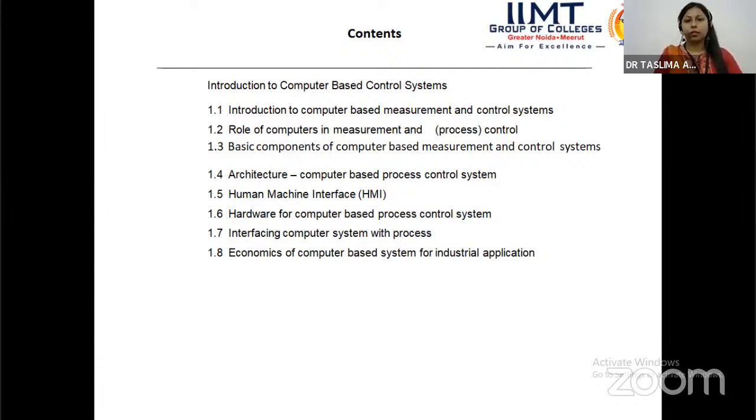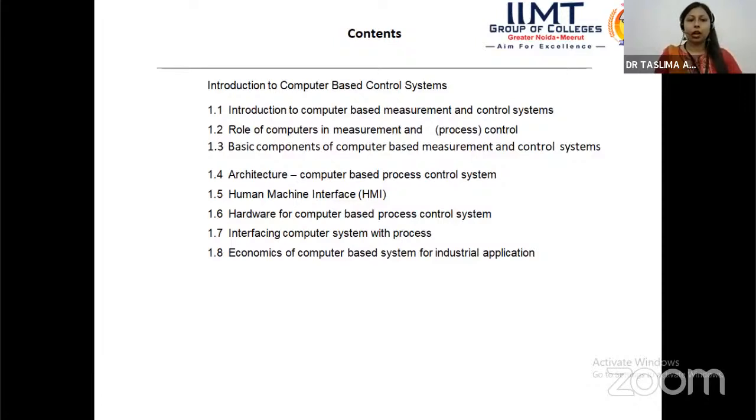As we know, in everyday life, we are using different types of items and elements that are mainly based on computers and computer control systems. That's why that is a very important topic to describe in our basic examples.